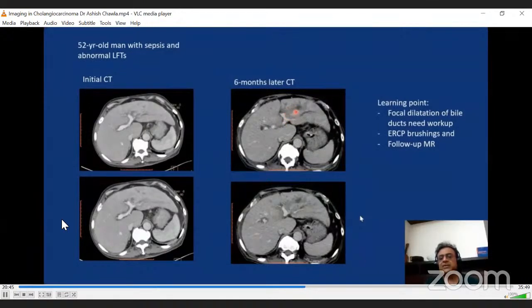This is usually the stage when we give the confirmed diagnosis of cholangiocarcinoma. That is not good for the patient, because by this time it's inoperable. It's quite beneficial to diagnose the cholangiocarcinoma earlier, and that is possible confidently only by a combination of MR and ERCP, as I have shown with this example.